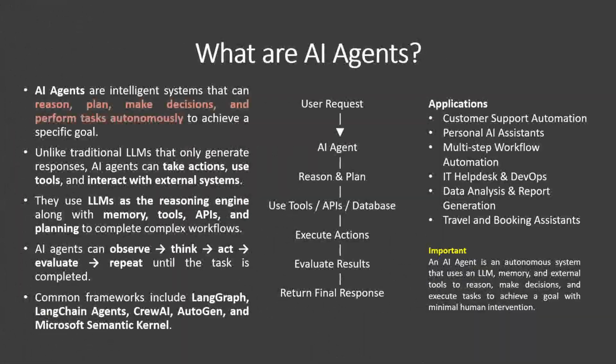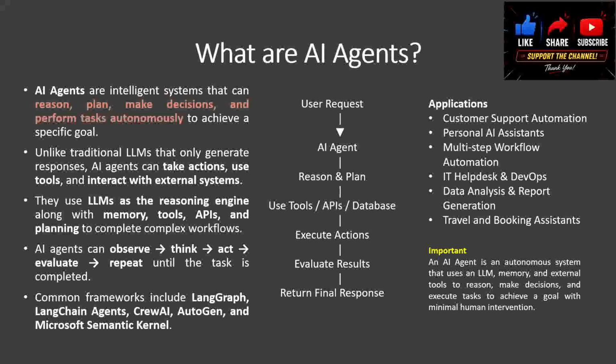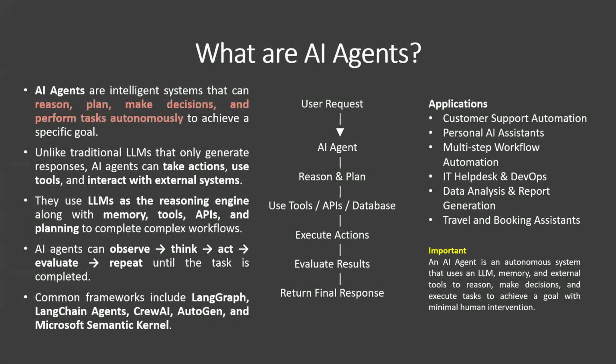What are AI agents? AI agents are intelligent systems that can reason, plan, make decisions, and perform tasks autonomously to achieve a specific goal. Unlike traditional LLMs that only generate responses, an AI agent can take action, use tools, and interact with external systems.